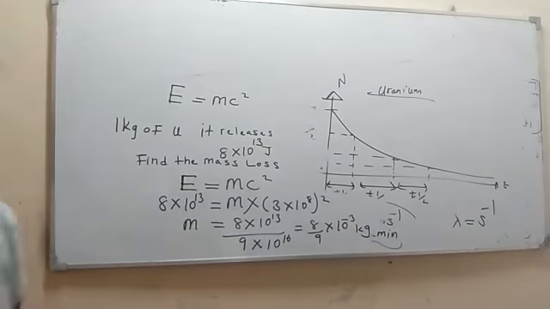So this we call the mass loss. That means no need to consider 1 kilogram here. Directly E is equal to MC squared, but M gives the mass loss. So what you calculated as M is the mass loss due to this reaction. Now you get it? Yes, miss. Okay, write this down.